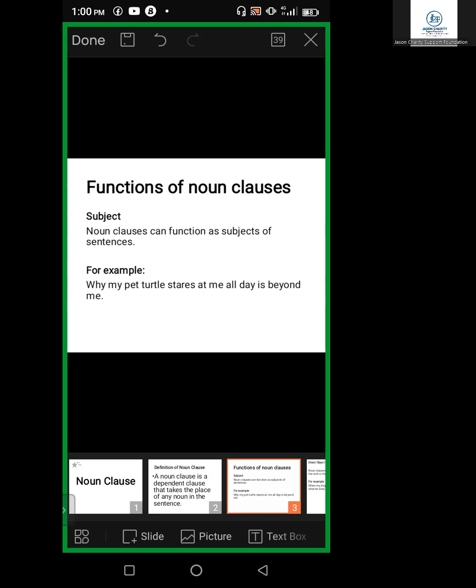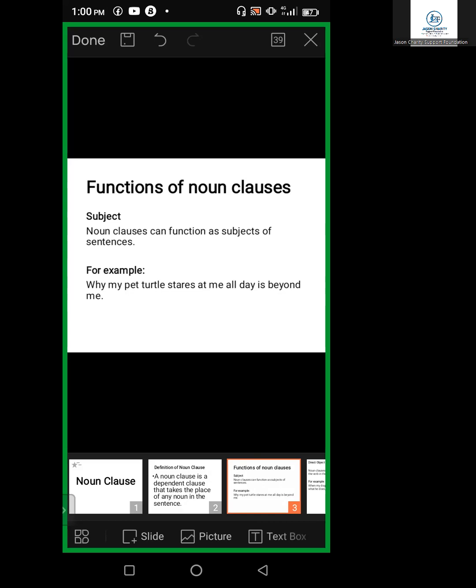That is to tell you that a noun clause is a dependent clause, a clause that needs an independent clause, or relies on another part of the expression to actualize its meaning.